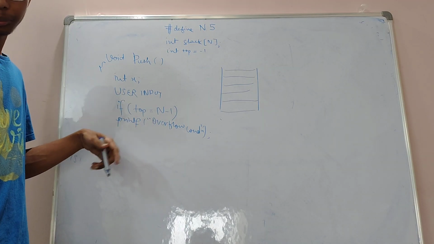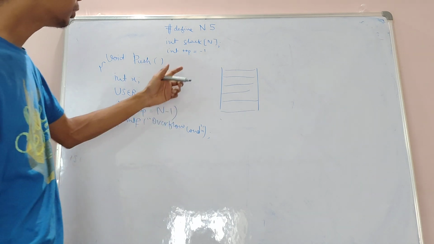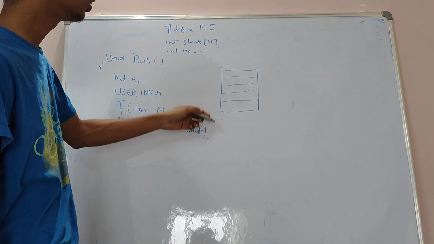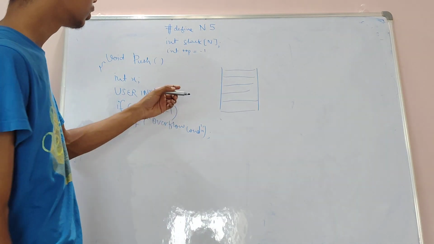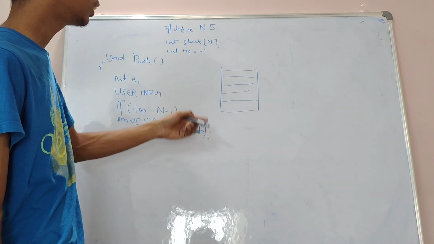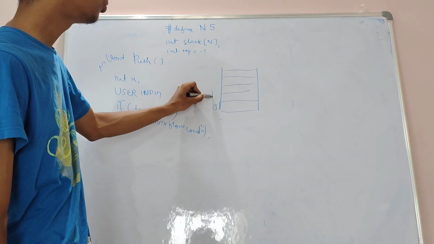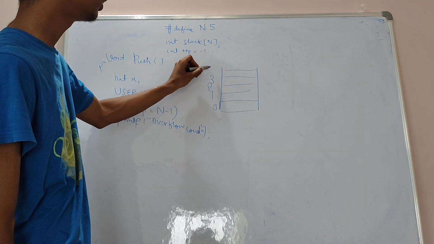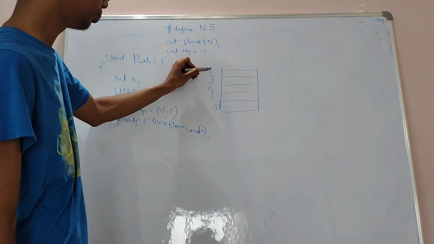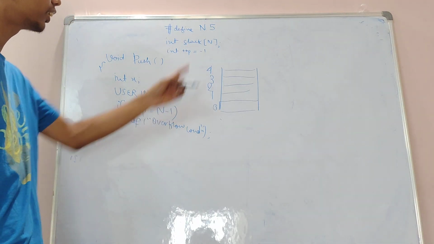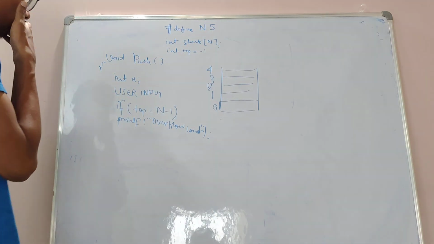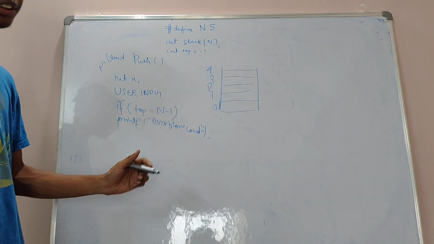I am increasing my top by 1. So to insert the first data, my top is -1. I will increase my top by 1. So top will be 0, then top will be 1, then top will be 2, then top will be 4. When top becomes 4, that is size-1, then my array is filled.